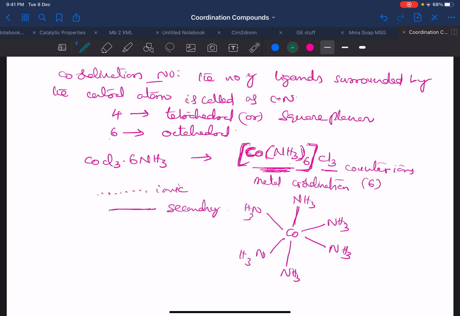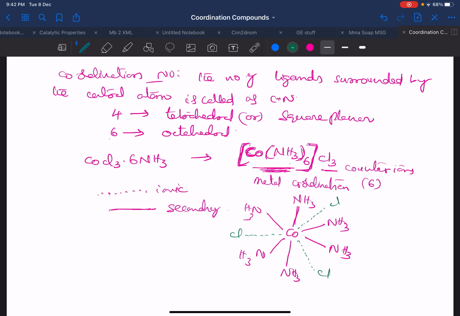Which are remaining? Chlorine atoms. 3 chloride ions remain, and these are written by dotted lines because they are involved in the ionic bond. So that is the CoCl3·6NH3 structure.